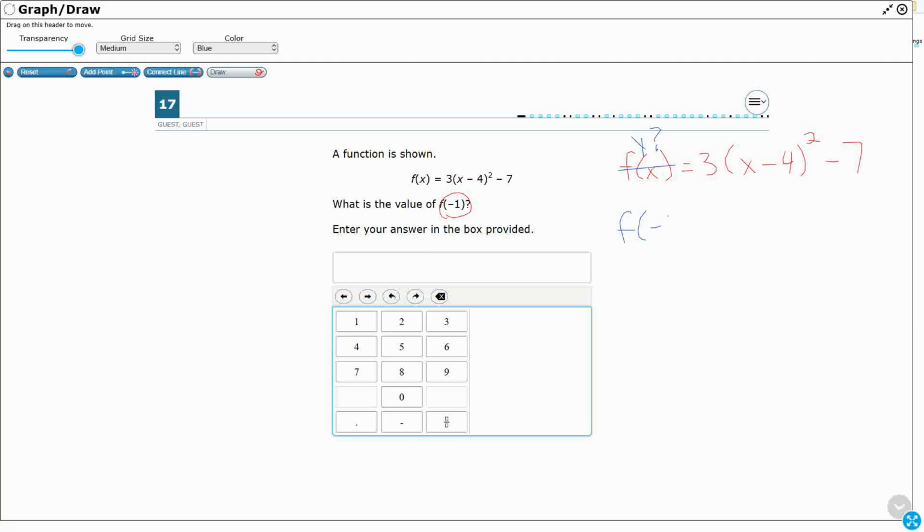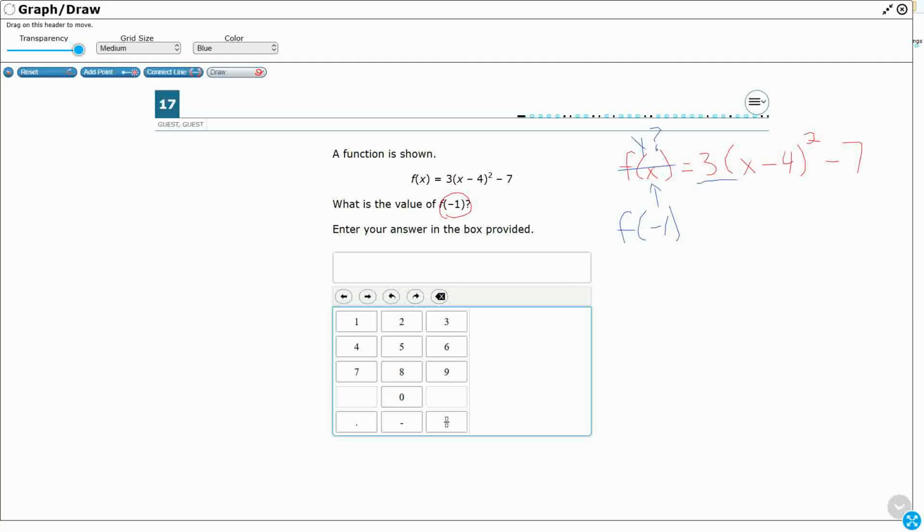F of minus 1, or f of negative 1, however you want to say it. The only clue that we have here is that it's got an f in front of it. So f of x is simply the function of x. But f of negative 1 means we are now going to substitute in this negative 1 for the x. And so we're going to evaluate a specific value for x.